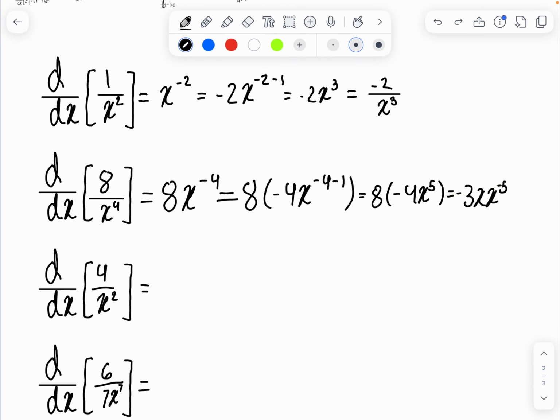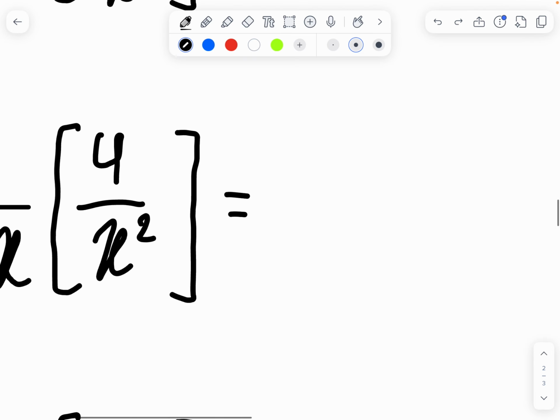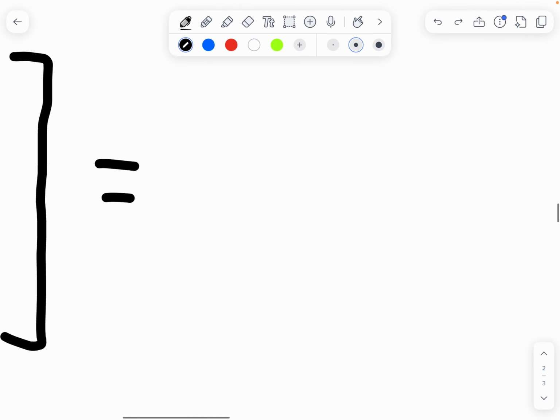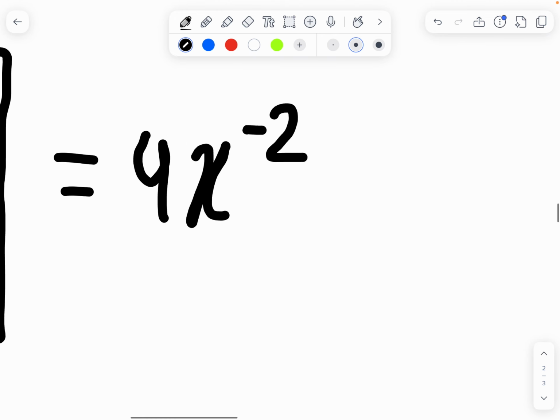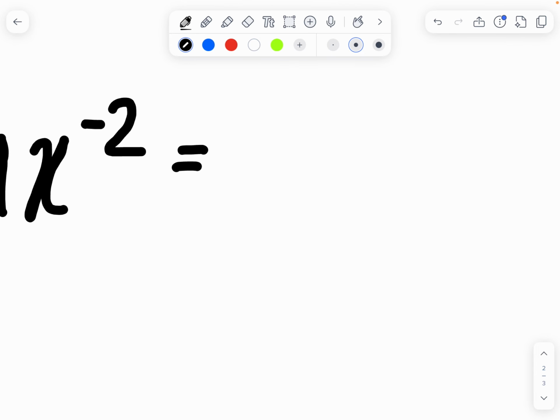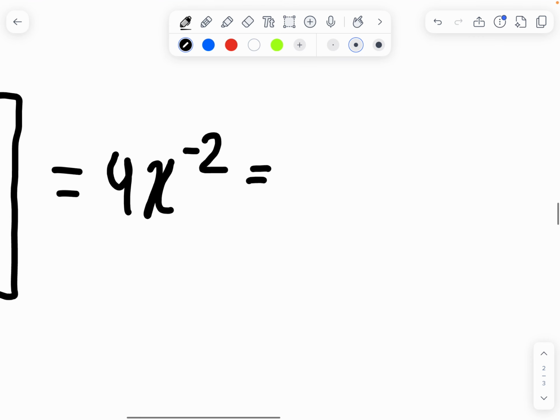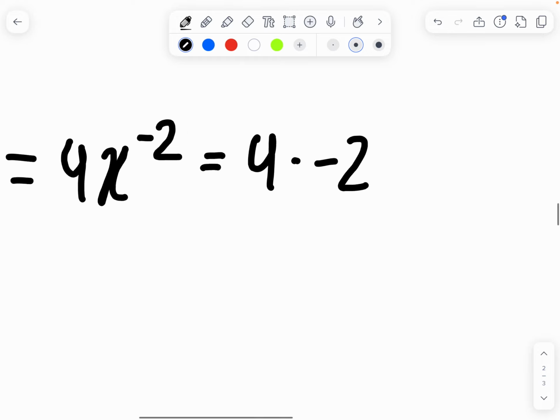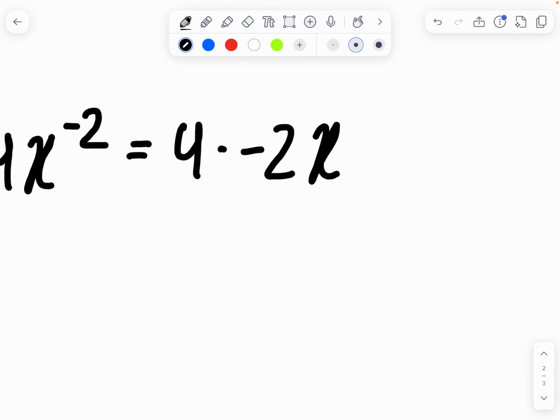On to the next question. 4 over x squared. We're going to rewrite this as 4x to the power of negative 2. We multiply by the exponent of negative 2 to get negative 8. Basically, we do 4 times negative 2, and then x to the power of negative 2 minus 1.